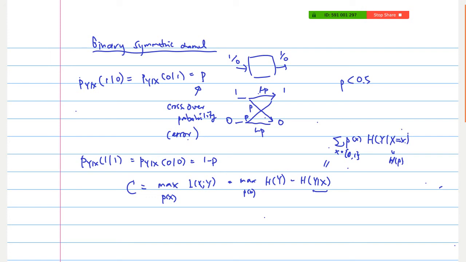Think of it like this: if I'm sending out 0, then what I'm observing, Y, will have a distribution equal to 1 with probability p and 0 with probability 1 minus p, right? And if you compute the entropy of that, the shorthand notation is H(p), which is equal to minus p log p minus (1 minus p) log (1 minus p).